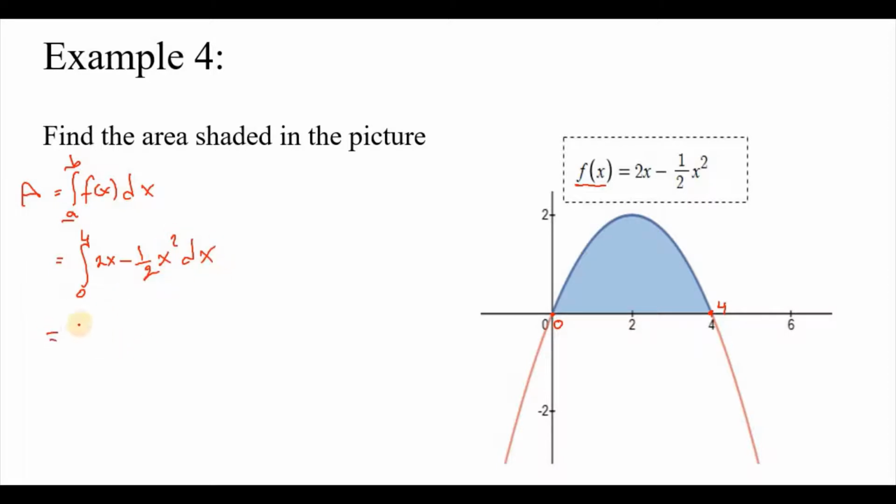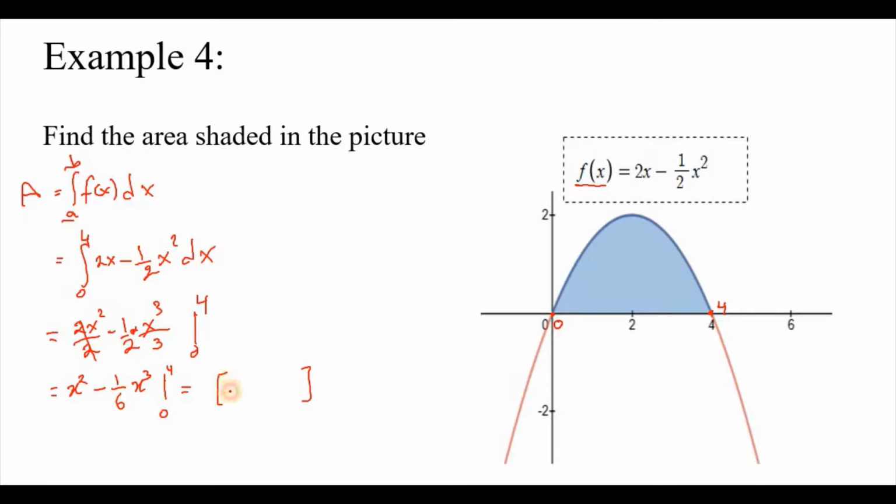which is basically 2x squared divided by 2 minus 1/2 x to the third divided by 3 from 0 to 4. So this is equal to x squared minus 1/6 x to the third power from 0 to 4, which is basically, we're going to substitute 4 into the antiderivative and then minus 0.